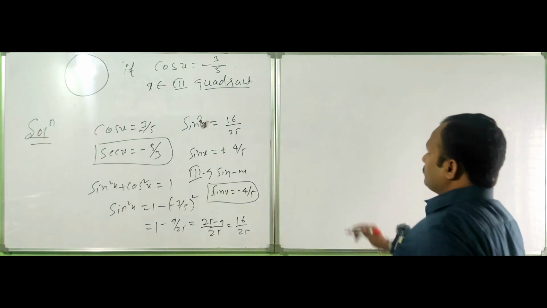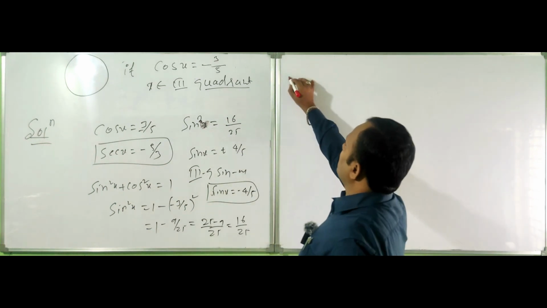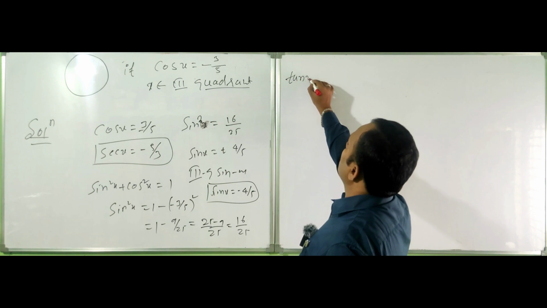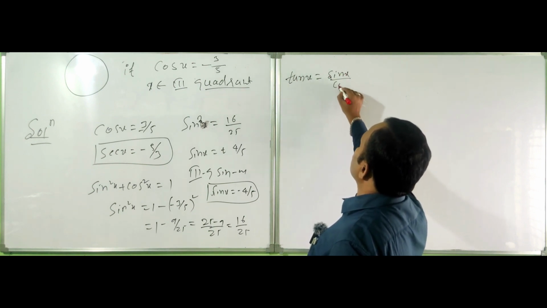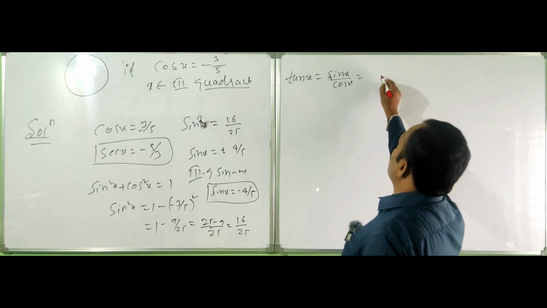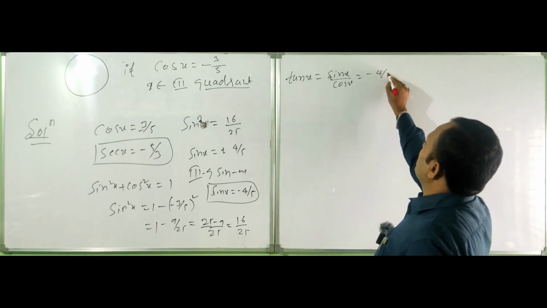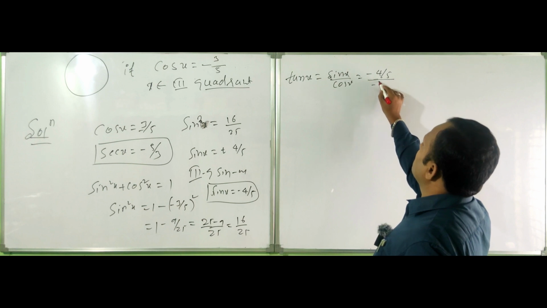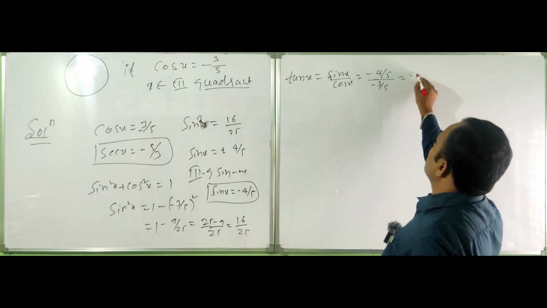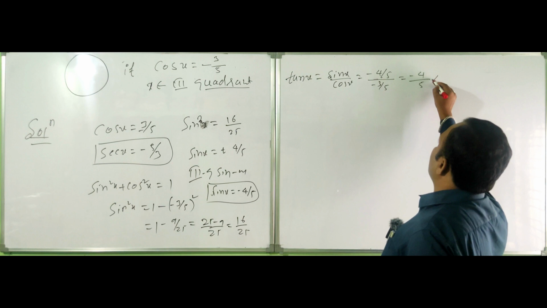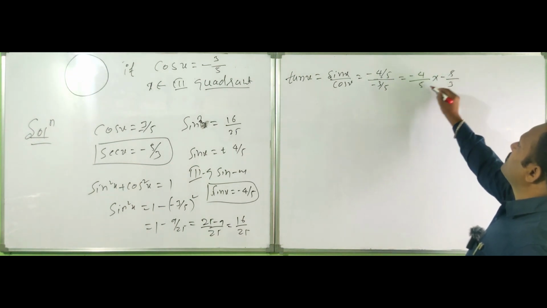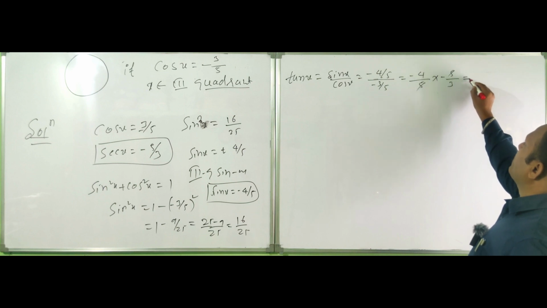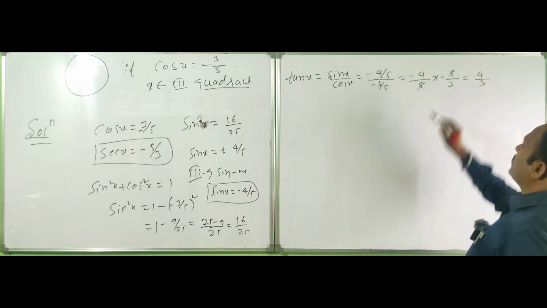Then tan x is equal to sin x by cos x, which is minus 4 by 5 divided by minus 3 by 5. This is minus 4 by 5 into minus 5 by 3. The 5s cancel, minus becomes positive, so this is 4 by 3.